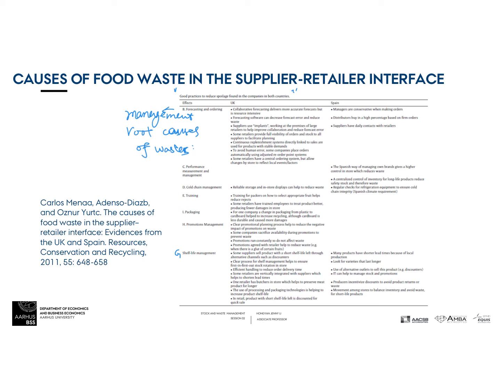So there are a lot of successful practices in UK retailers. In Spain, the forecasting managers are conservative when making orders, so they do not overstock, and distributors buy a high percentage based on firm orders. Suppliers have daily contact with retailers. That's a type of collaboration.